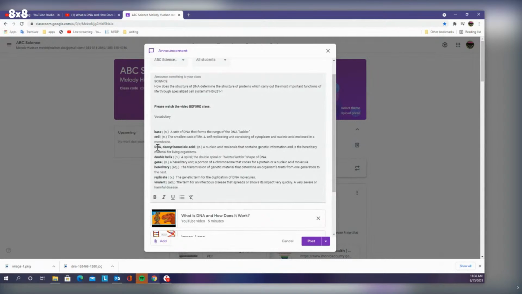Then we have DNA, which stands for deoxyribonucleic acid. What you need to remember about DNA is that it is a molecule that contains genetic information and is the hereditary material for all living organisms.